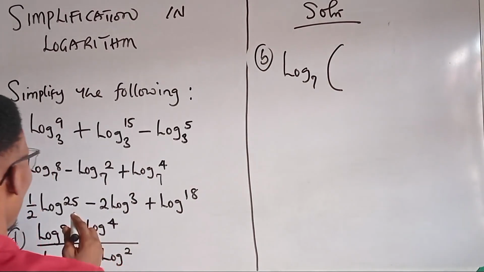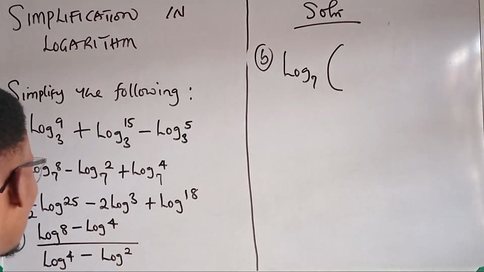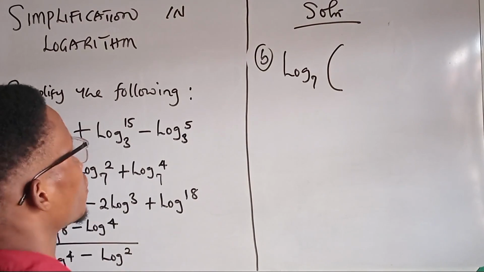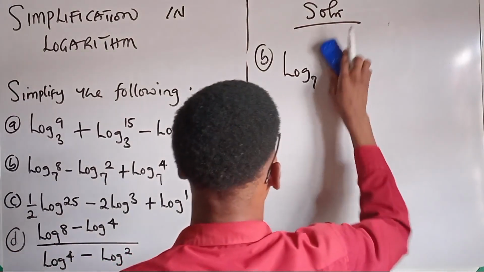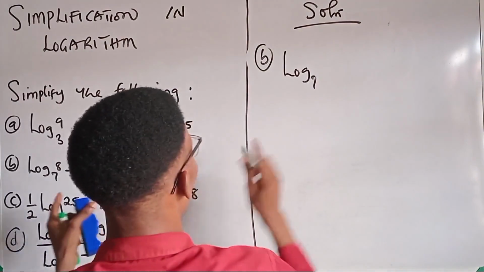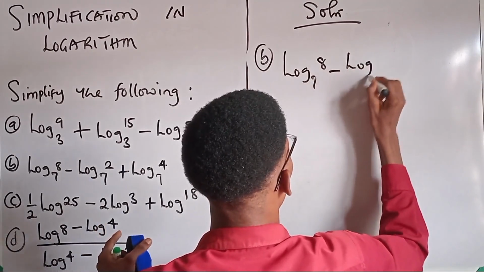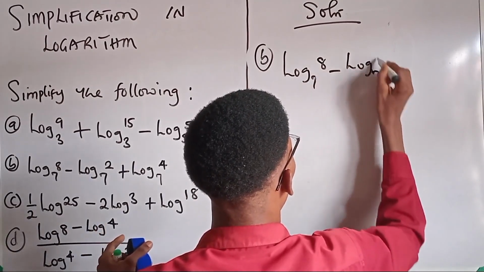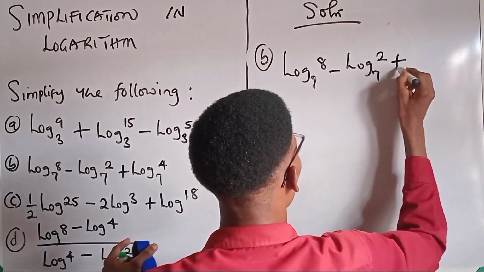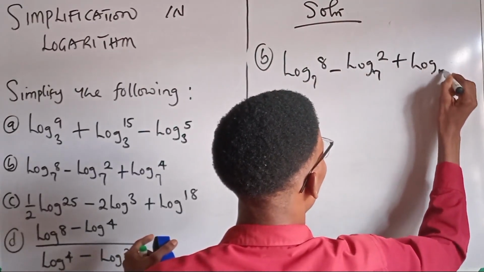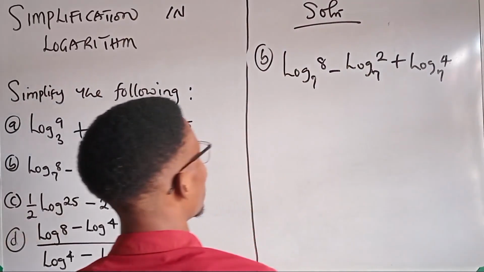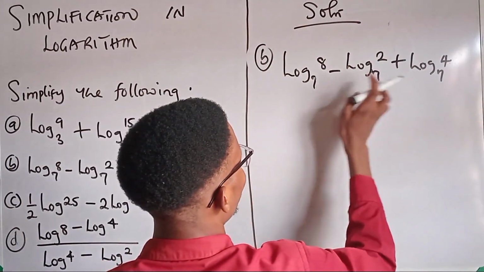Then next thing is you can now divide. But before you do that, I think what you should do is first group it. I'm seeing log of 8 here, then minus log of 2, then plus log of 4. So let's group it so that plus will come first before minus.